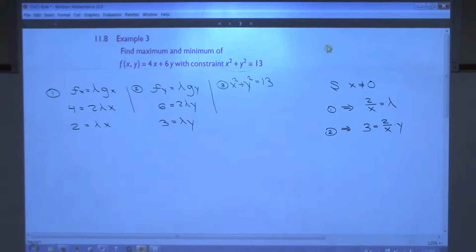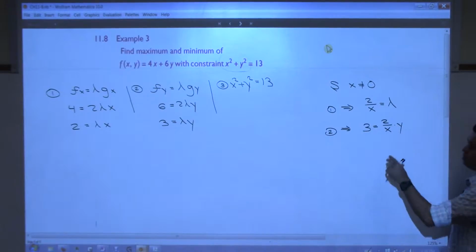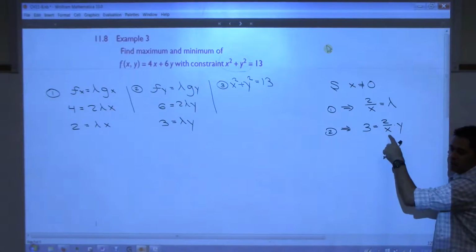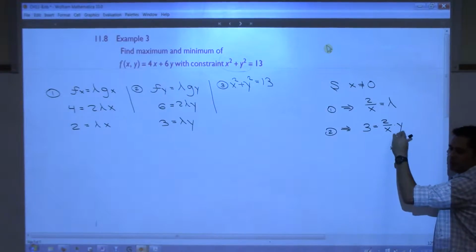You with me? Solve this. What do you get here? How are you going to solve this? You could divide by 2? Common denominator. Are you trying to get rid of this x over here, make it cleaner?